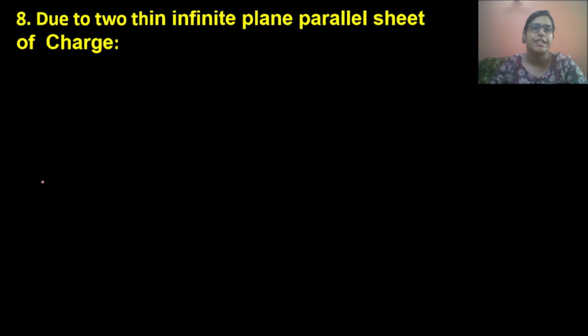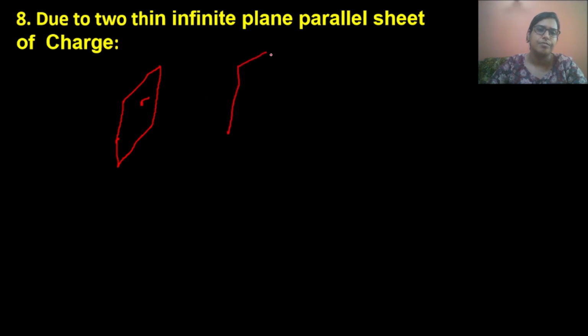Now if we see two infinite sheets. Suppose this is one sheet, charge density is sigma, and this is another sheet, charge density is sigma.